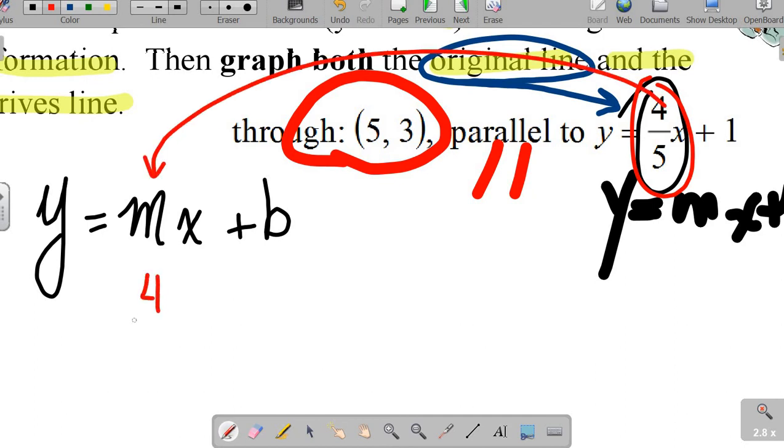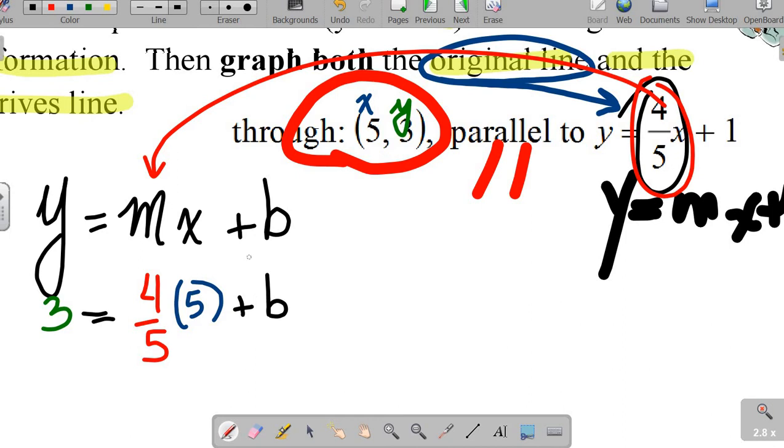I want the exact same slope to match. But it's going to go through the point 5, 3. 5 is x, 3 is y. Now we're going to solve for our b intercept.